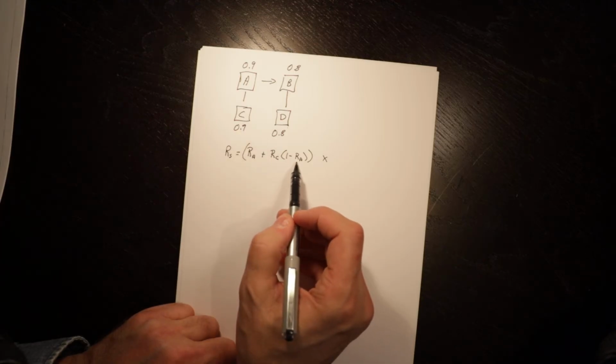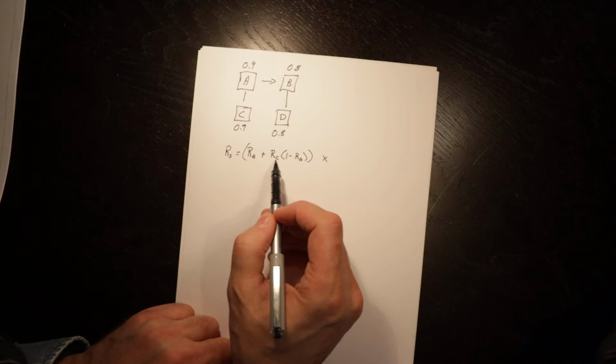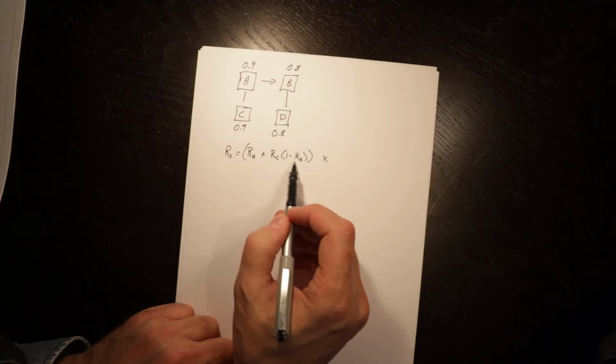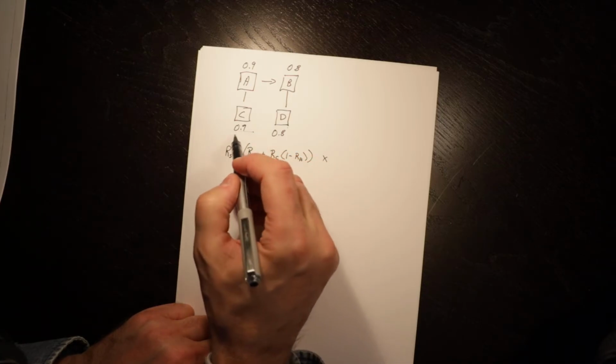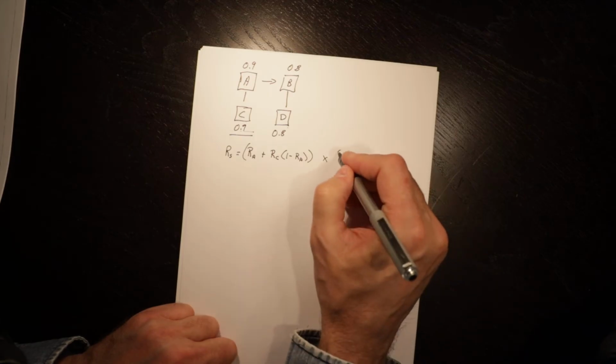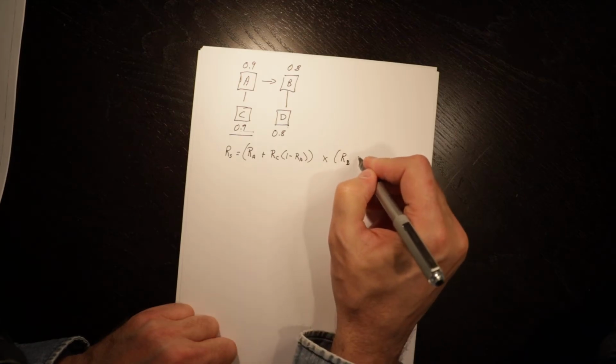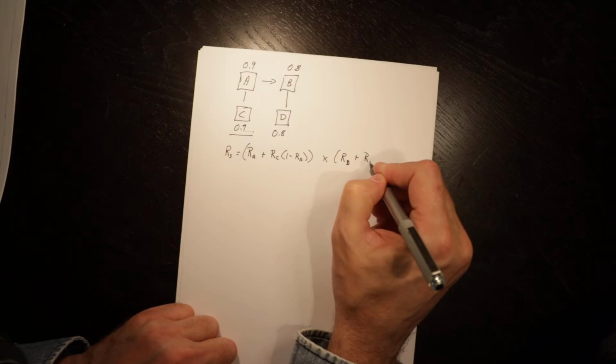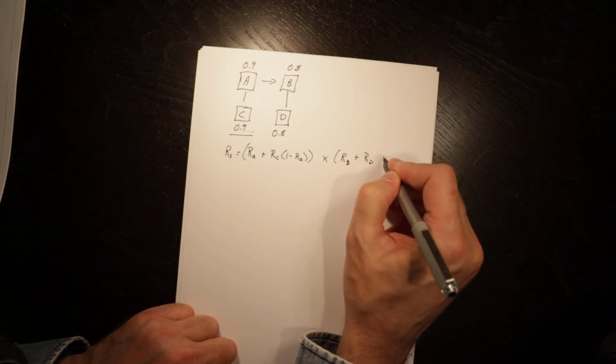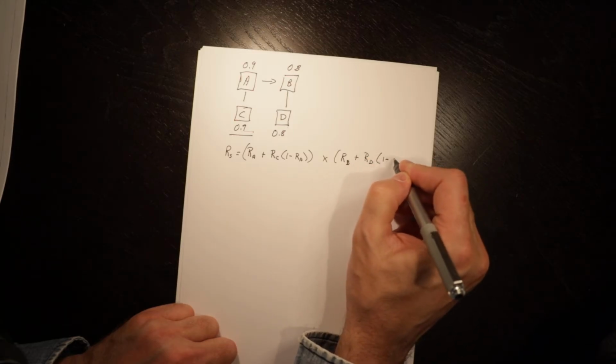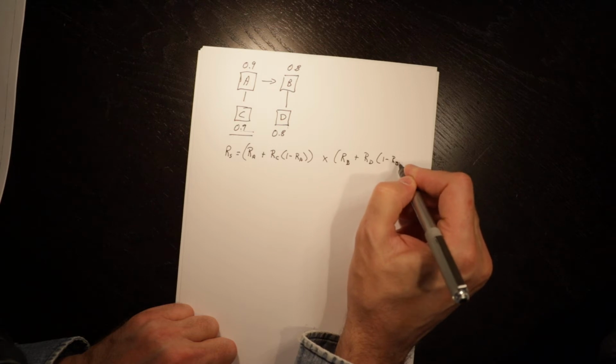So failure rate of A times 90% will give you the reliability of this first step in the process, plus the reliability of B, plus the reliability of D, times 1 minus the reliability of B.